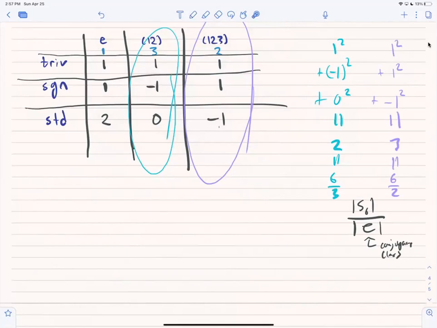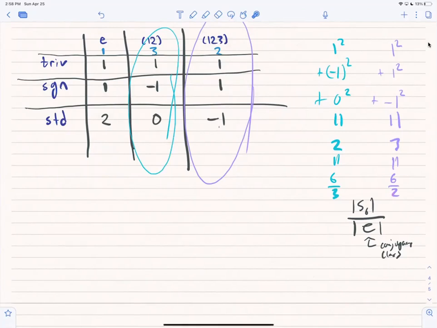So if I sum up the squares of the absolute values of entries in a column, I get the order of the group divided by the size of the conjugacy class. And that checks out in both of these. The 3 was the number of elements in this conjugacy class, and the 2 was the number of elements in this conjugacy class.